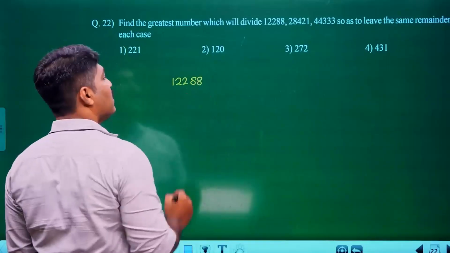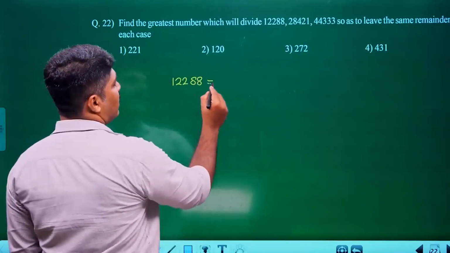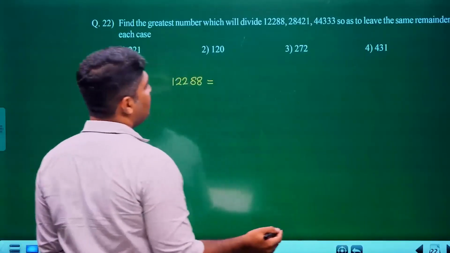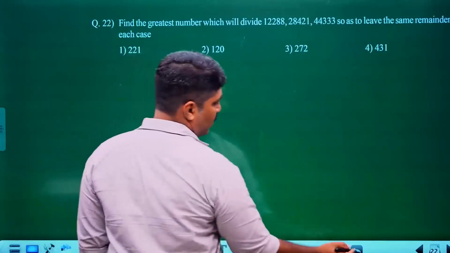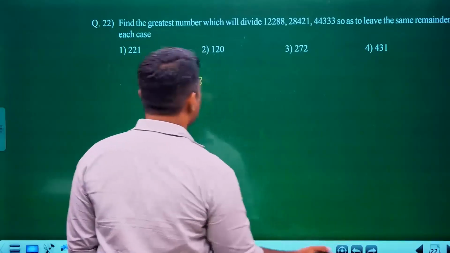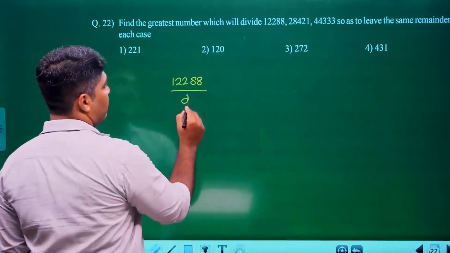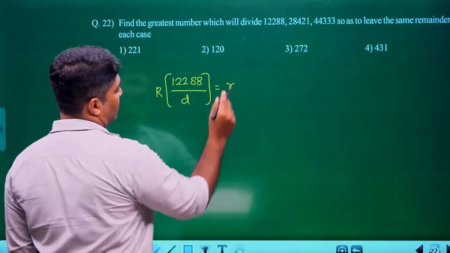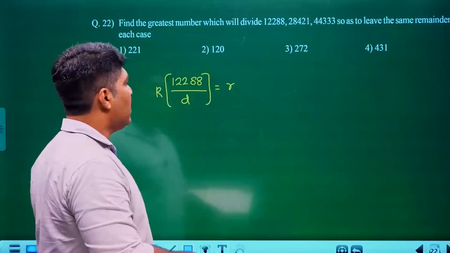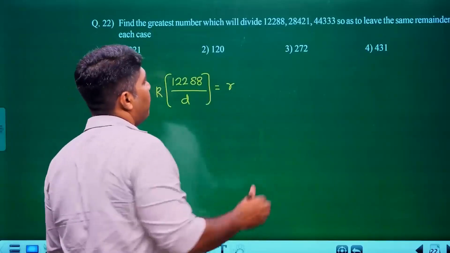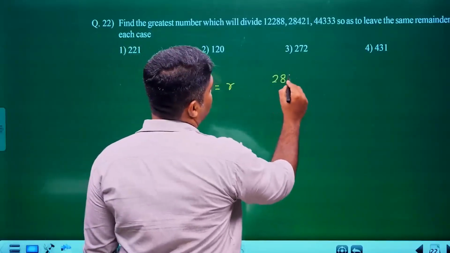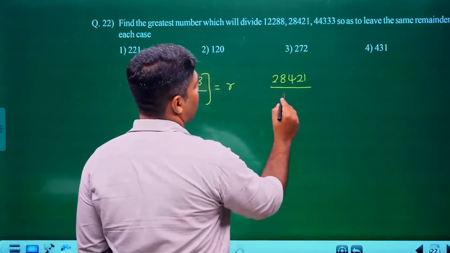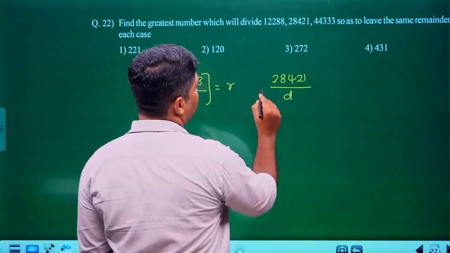So 12288, this number we can write in the form, whenever we are dividing this number by a divisor, it leaves a remainder. So when we divide this by a divisor, we will get a remainder R. The same thing is applicable for the second number, 28421, divided by the same divisor.